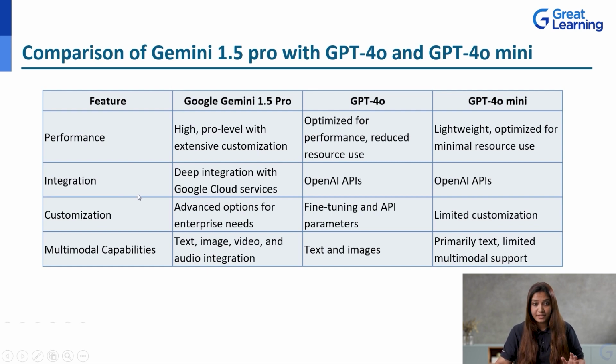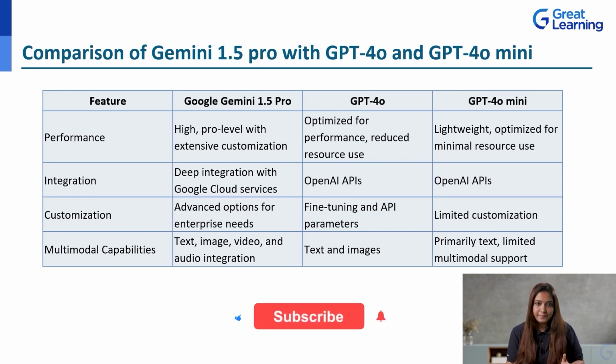Then comes integration. Here, we have deep integration with only Google services, actually. Whatever is present in Google Cloud, you have integration very well. As we saw how it integrates the Python Colab in Google Cloud, right? With the help of Gemini as well, integration of the API. So how it is integrating to the products of Google on the cloud services, we just had a broad idea.